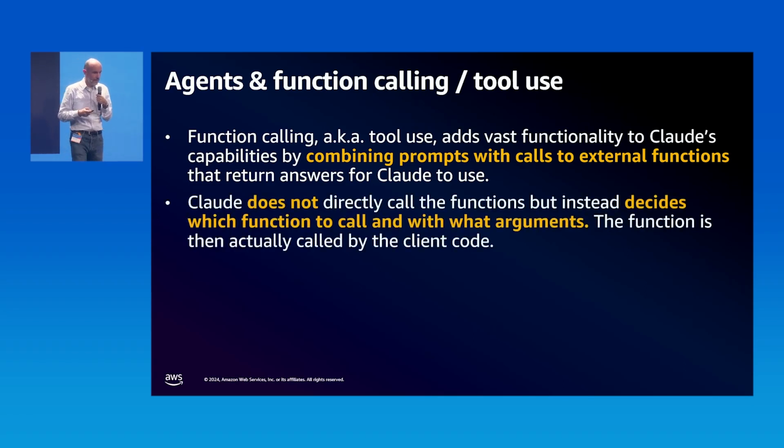So you're telling the model you have access to a weather service, you have access to a Wikipedia, you have access to some other tool that you choose how it works. And then Claude does not really call those tools on its own, but it will tell you, hey, I would like to use the weather service now with these parameters. And then you can set up the actual function call, do the operation, and give the result back as part of the prompt.